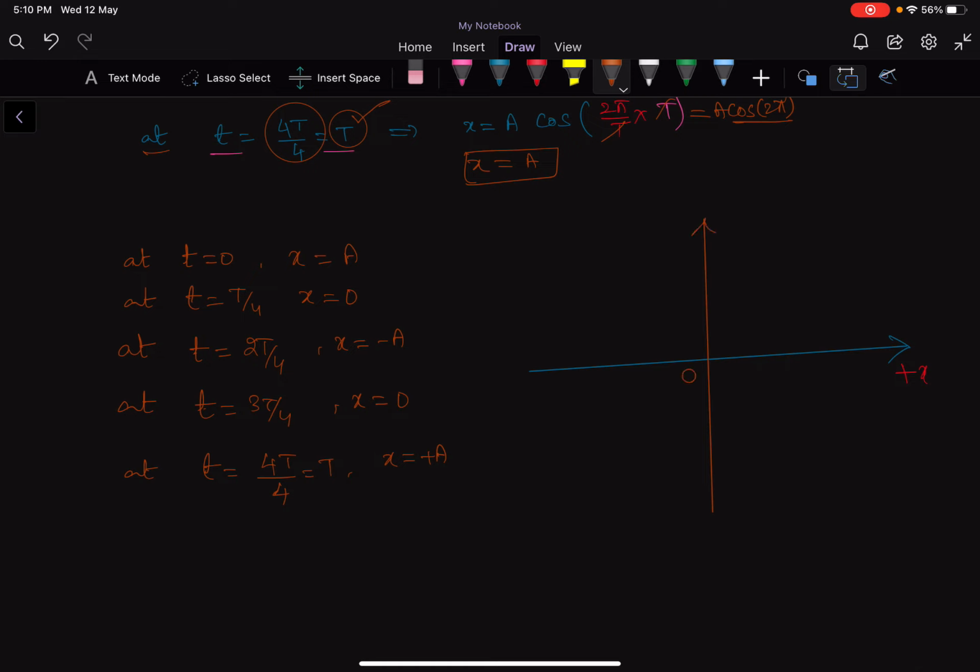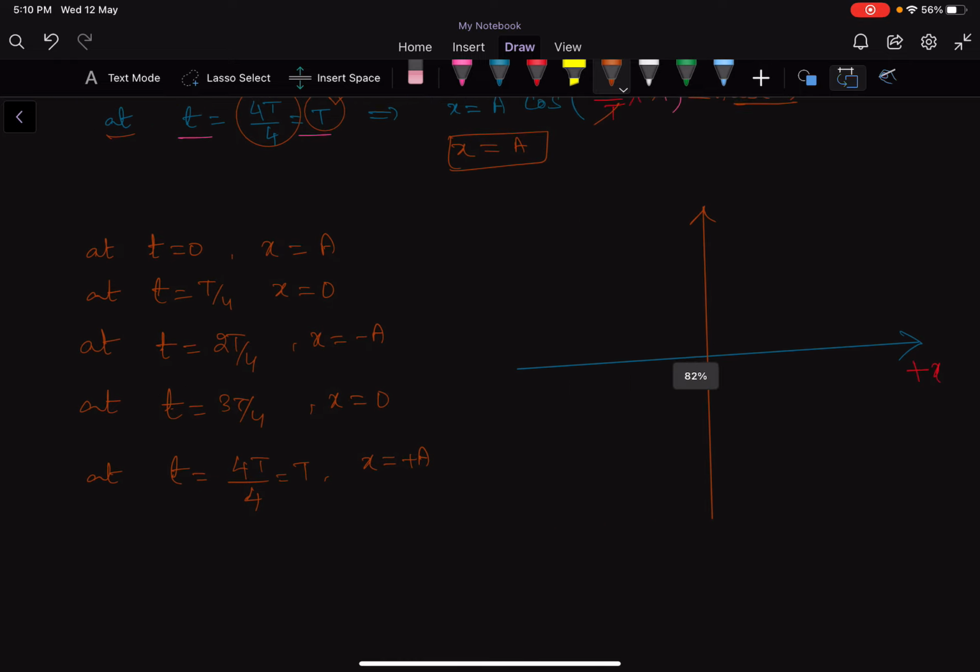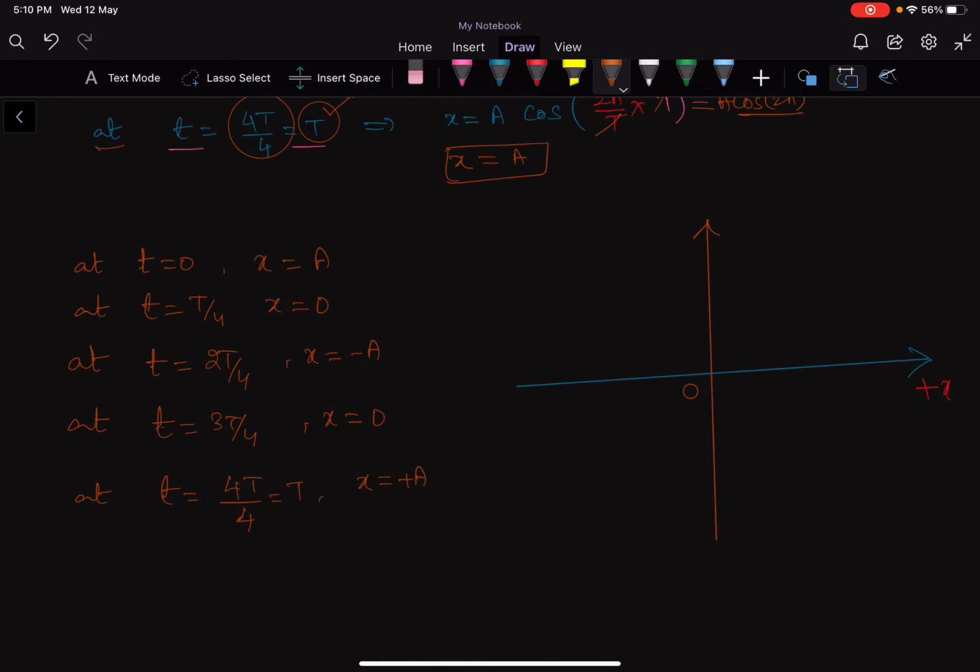Let this be the origin, position versus time graph.